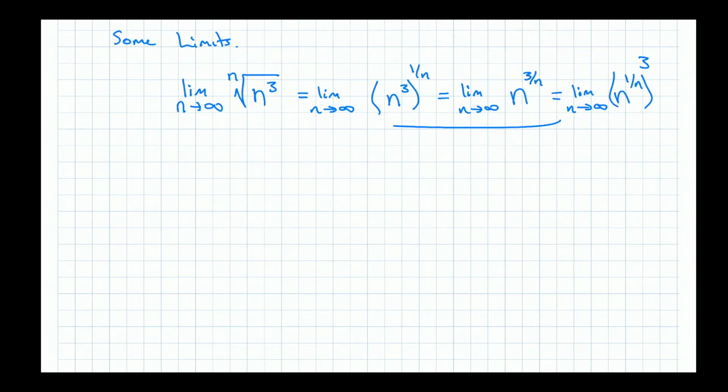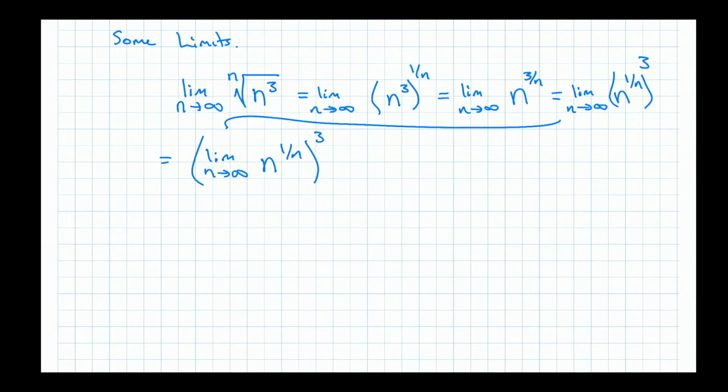And then using a property of limits, you could even take the cube outside of the entire limit. There's a property of limits that says if the function is continuous, then you could do the function after you do the limit, or rather you could bring the limit inside of the function, either way that you want to look at it. So we have this.